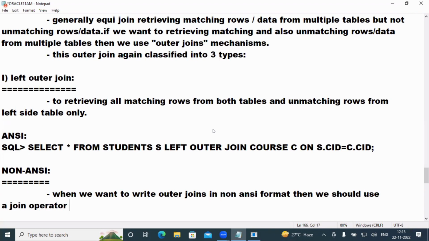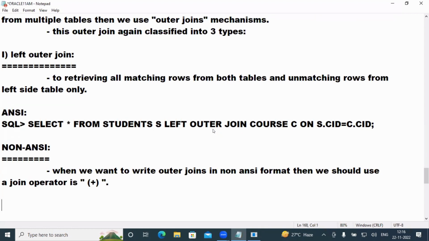A join operator is, now you can see, open bracket, plus, and close bracket. This is called a join operator. This operator should be used only in outer joins, and in outer joins, which format? Non-ANSI format. So whenever you want to write outer joins in non-ANSI, this join operator should be used. Got my point now?